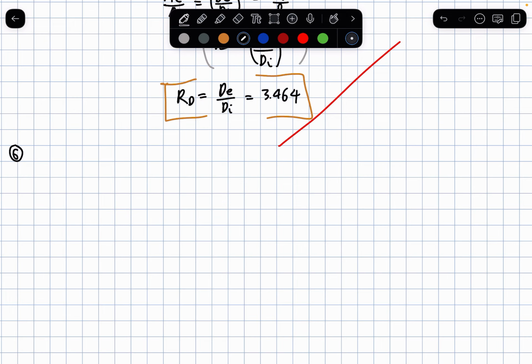Next problem. Okay, so we have a condenser or heat exchanger.